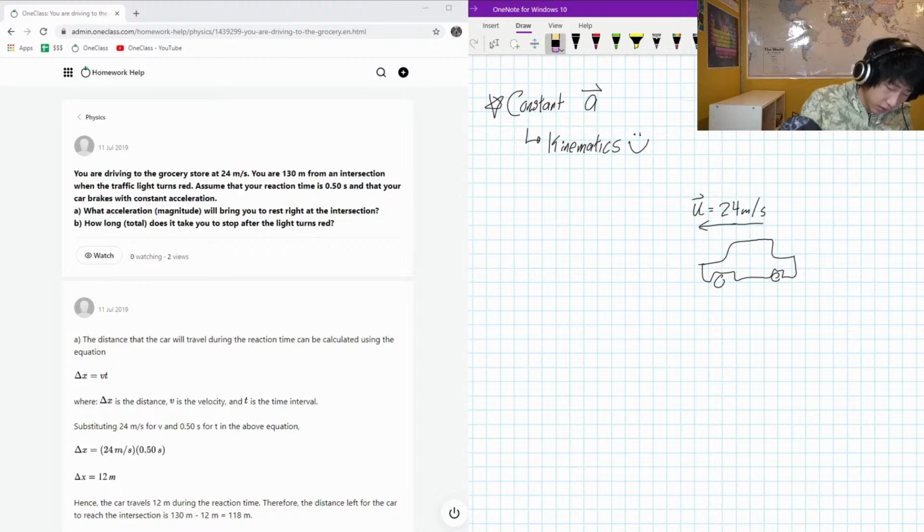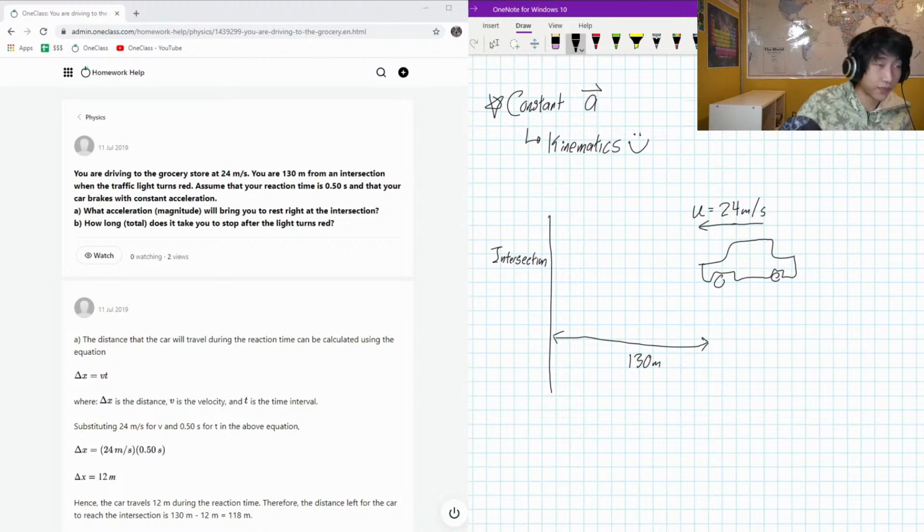Maybe not as a vector, because this is a one-dimensional thing, so we don't really need to use vectors, but those of you who are thinking about it, respect. Okay, so we are 130 meters away from the intersection. And this distance right here is 130 meters.